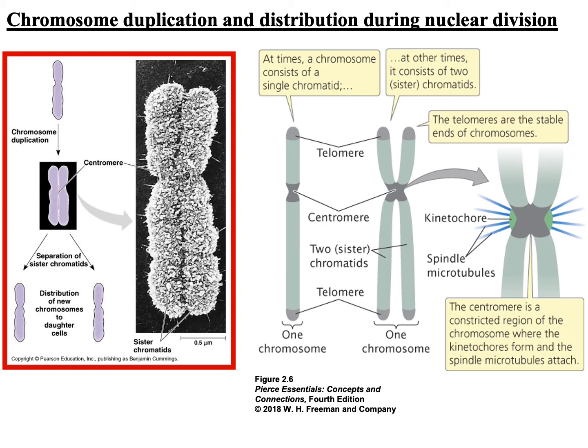After replication has occurred, you get that characteristic X-like structure where the copy of the chromosome is physically attached to the original chromosome structure. In that same figure on the left, you have an electron micrograph image of a chromosome so that you can actually see what the chromosome looks like in a duplicated state. It has that classic characteristic X-like structure.